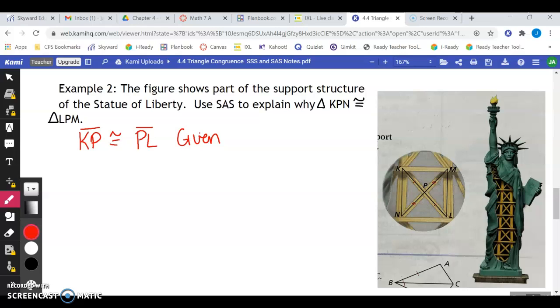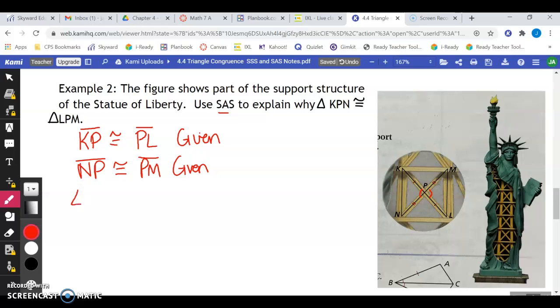And then the other ones that have two tick marks are NP, and that would be congruent to the other one, which is PM, and that's given to us. And since we are told we have to use side angle side, we need an angle in here. So these two angles have to be congruent. And those two angles are what we call vertical angles. And we know that vertical angles are congruent.